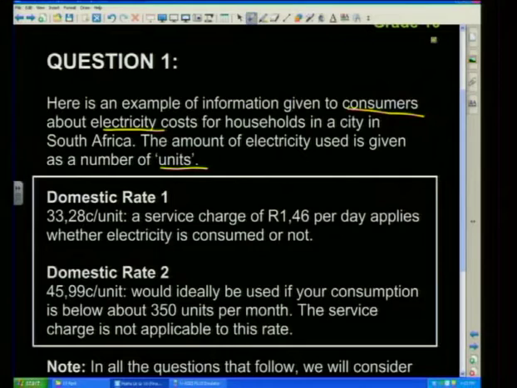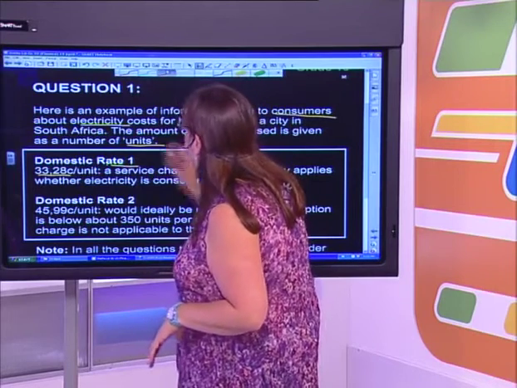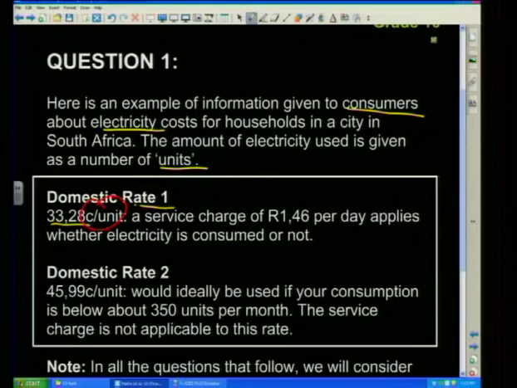Domestic rate 1 says that you're paying 33.28 cents per unit. I want to make you aware of this fact. This is cents per unit. We're dealing with 33.28 cents.